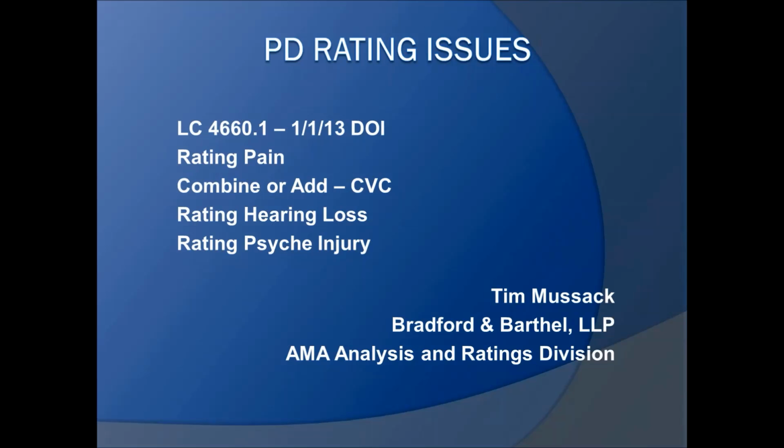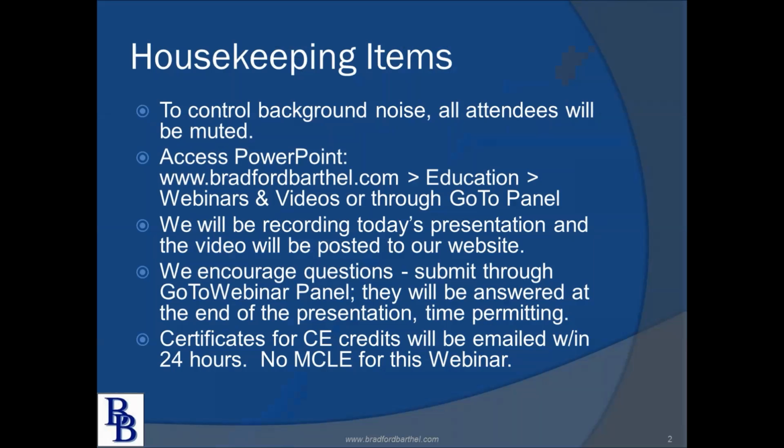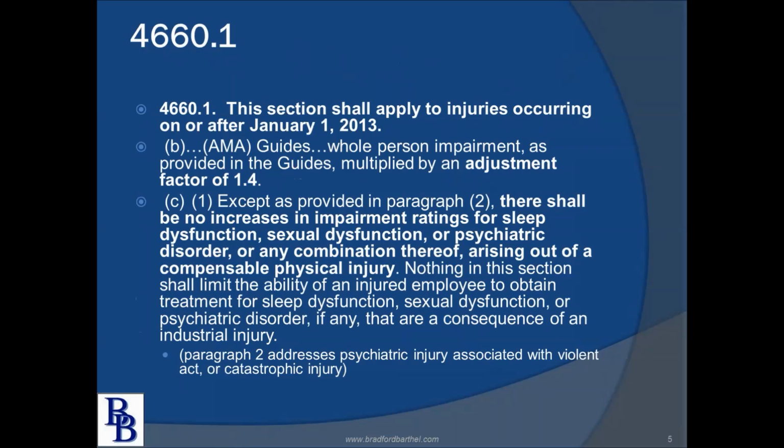We're going to start talking about Labor Code Section 4660.1. Labor Code Section 4660.1 is effective for dates of injury on or after January 1st, 2013. So we're 3 years into it, but I just want to make sure that we all understand what this includes. A couple of important elements in terms of disability rating.